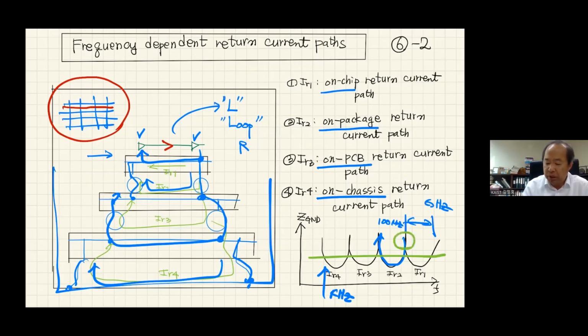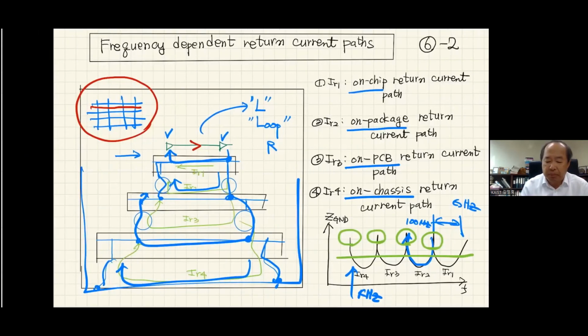But because this path has capacitance and inductance, we're going to have resonances, and you should be able to identify these resonance frequencies. We have to avoid the overlap of these resonances with the clock frequencies of your circuit, and also avoid the resonance of the power plane network.